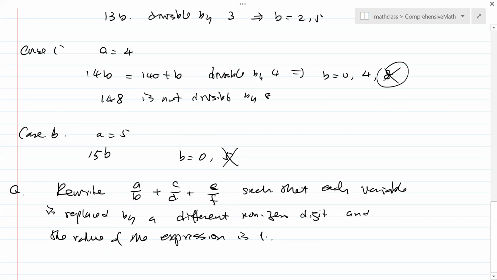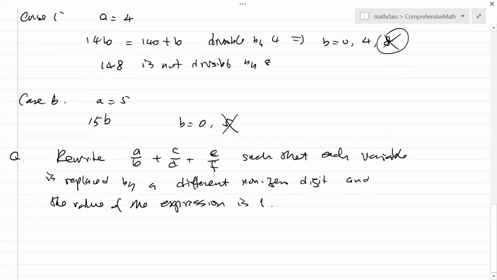All right, so let's see. Rewrite the expression such that each variable is replaced by a different non-zero digit, and the value of the expression is 1. We're trying to figure out the values.